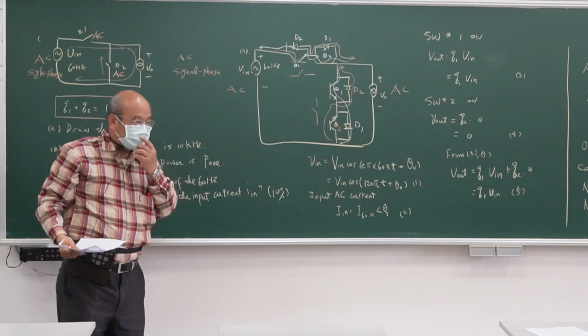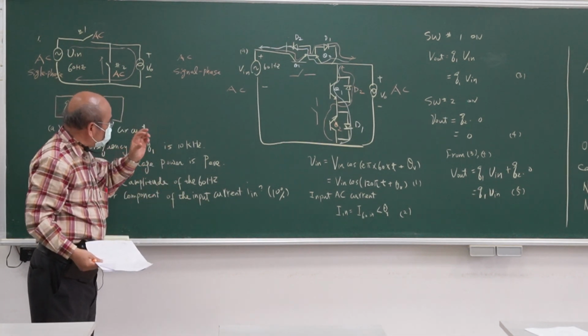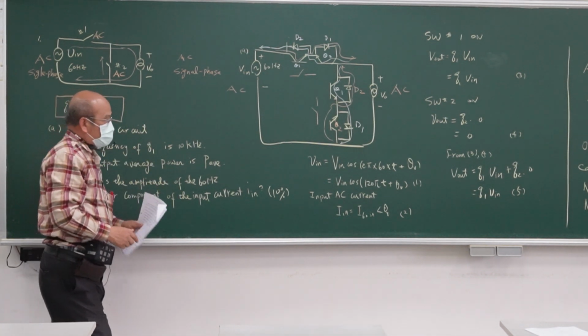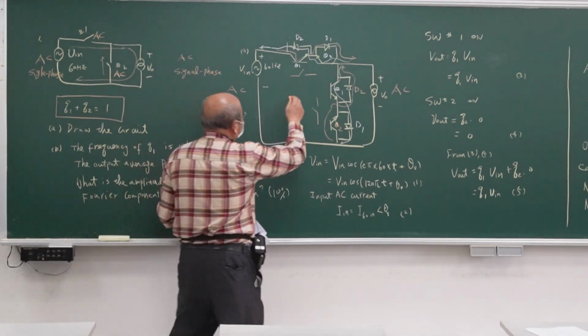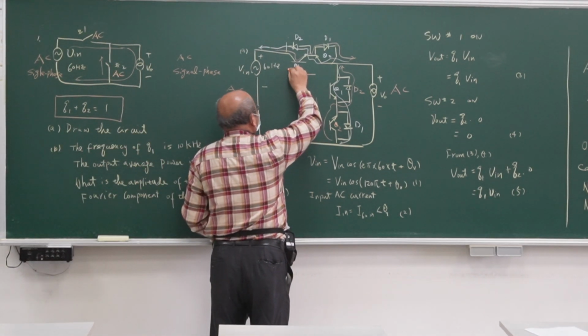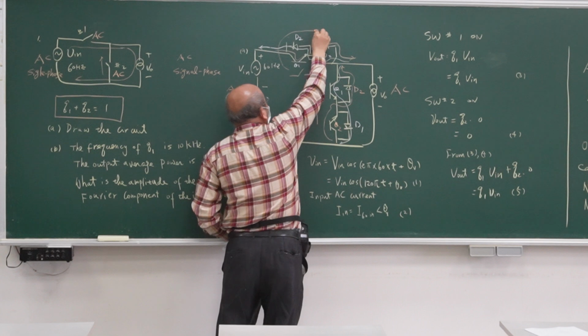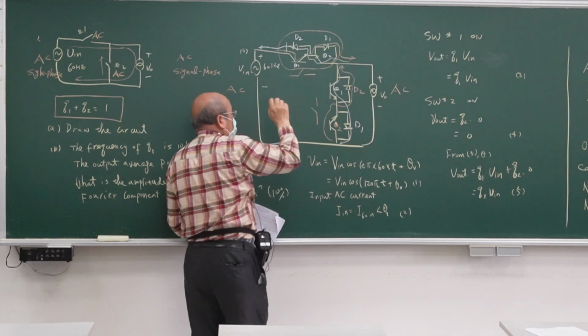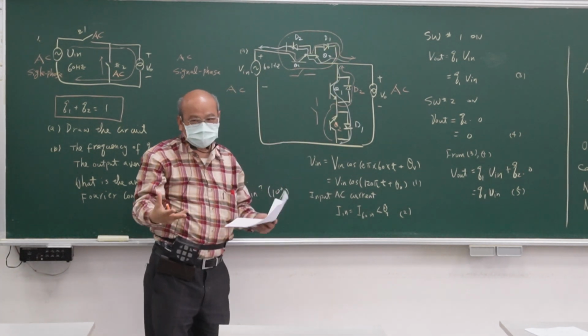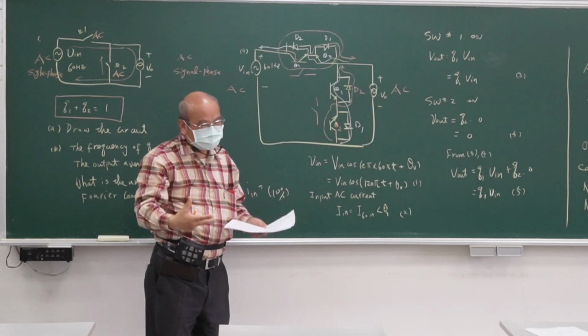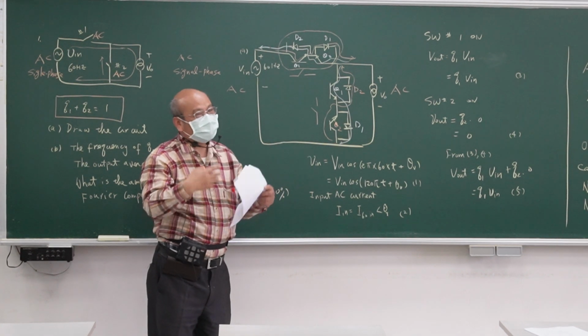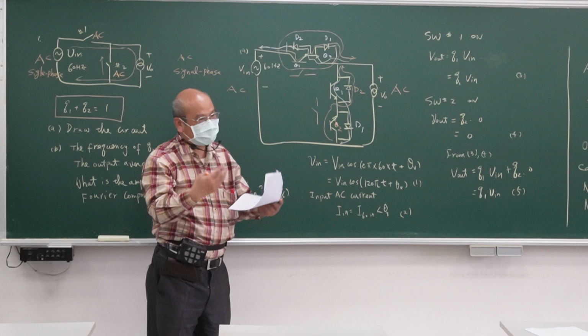If you want to realize the circuit, you should do this. In general, some companies manufacture two switches together as one AC switch, so you can easily buy one AC switch from such a company.